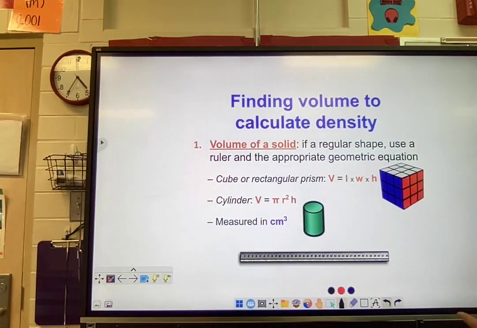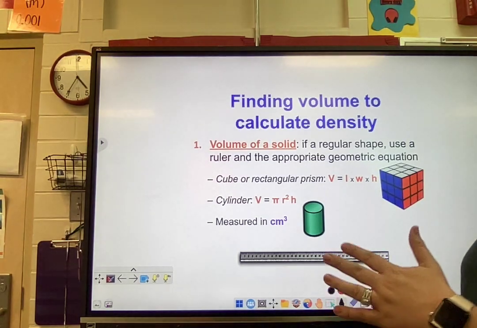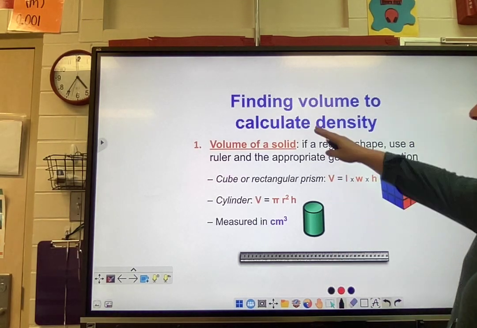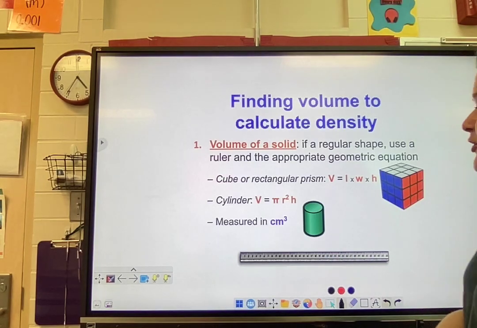Now, finding the volume of a solid. In order for us to find density, we first have to find volume and mass. To find the volume of a solid, there are multiple different ways we can do that, and here are the formulas.